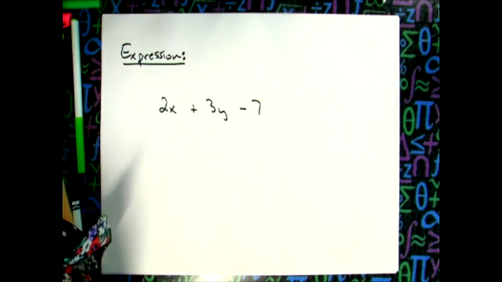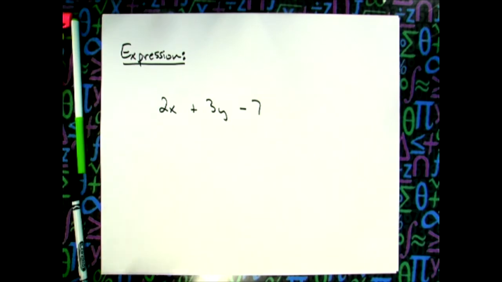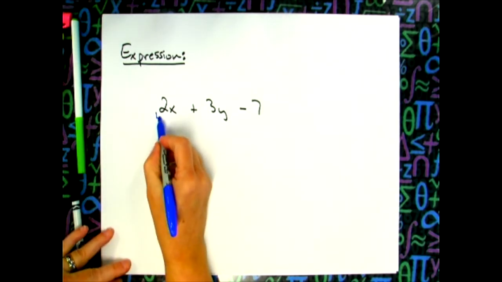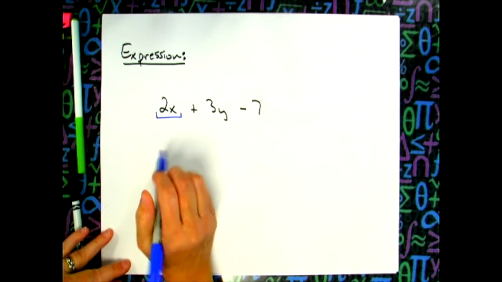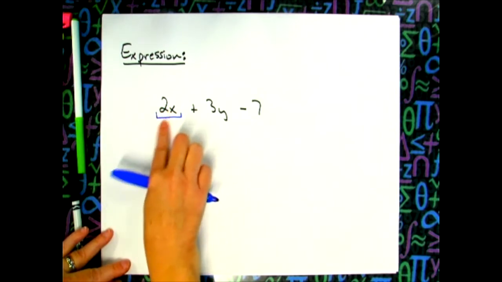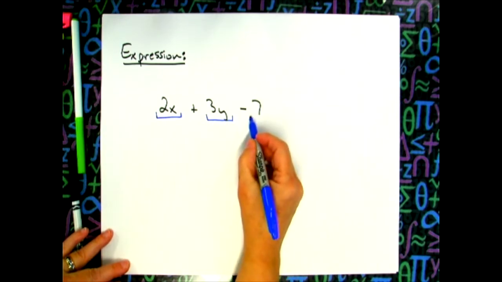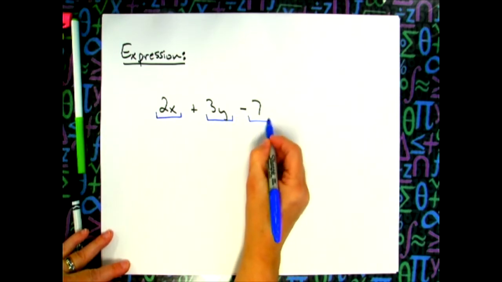We're going to start with identifying the vocab word term. All right, this expression has 3 terms. 2x is a term, 3y is a term, all right, and then the -7 is a term.